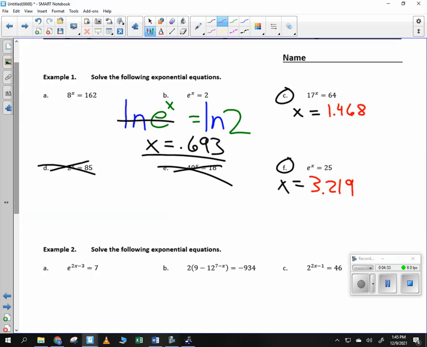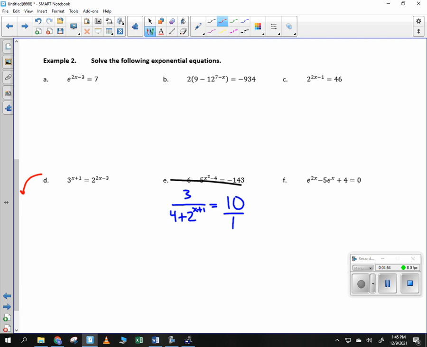All right, for letter C, I've come up with 1.468, and for letter F, I've come up with 3.219. Anybody have questions on those two? Questions going once, twice, 3 times gone. Let's move along. We try letter A.